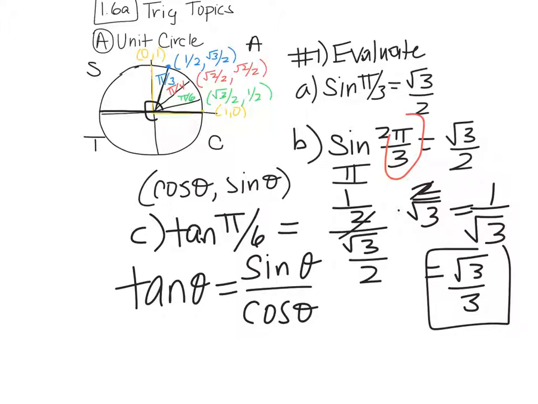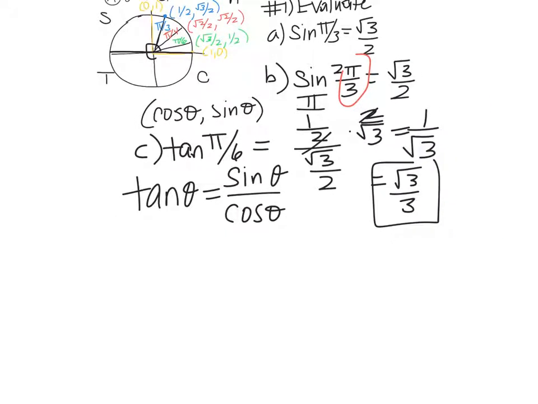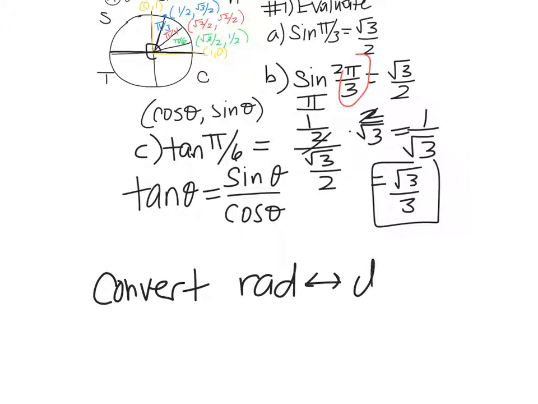Yeah? Okay, what about converting between radians and degrees? We don't really use degrees, minutes, seconds too often, unless they give it to you. Radians to degrees and vice versa.